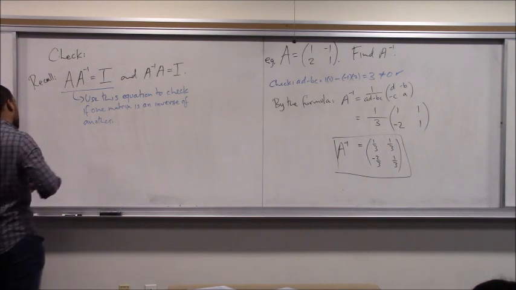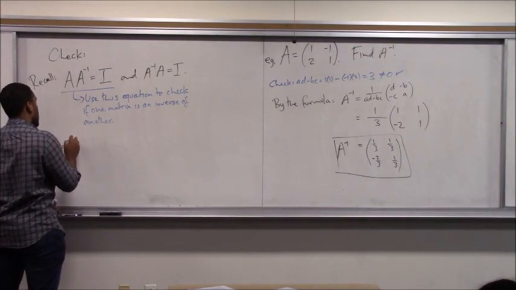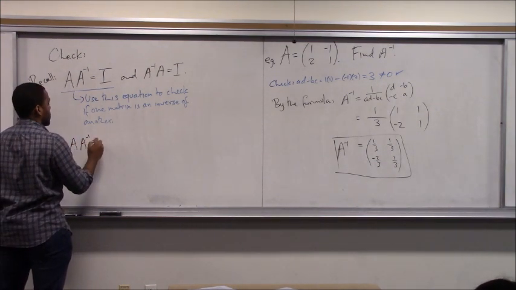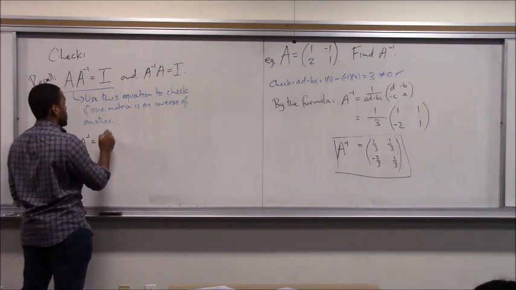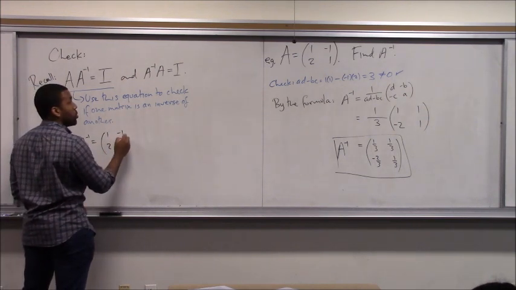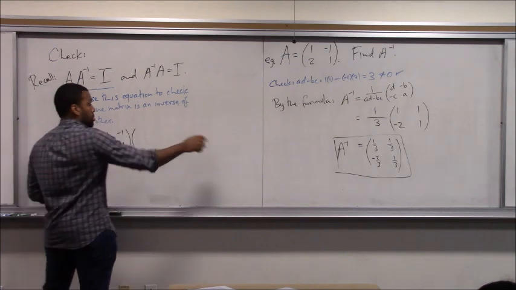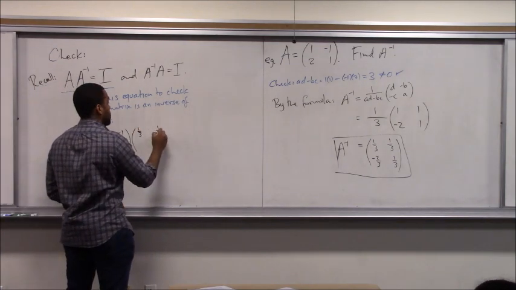So let's actually do the check. If I were to take A times A inverse, here my A is 1, -1, 2, 1, and my supposed A inverse is this guy.